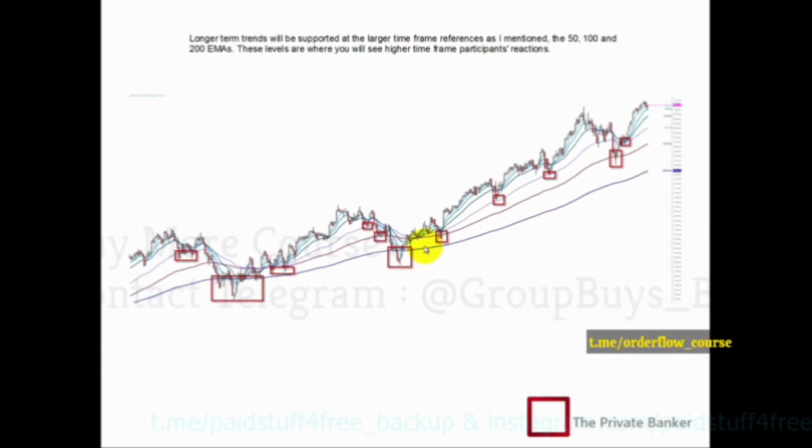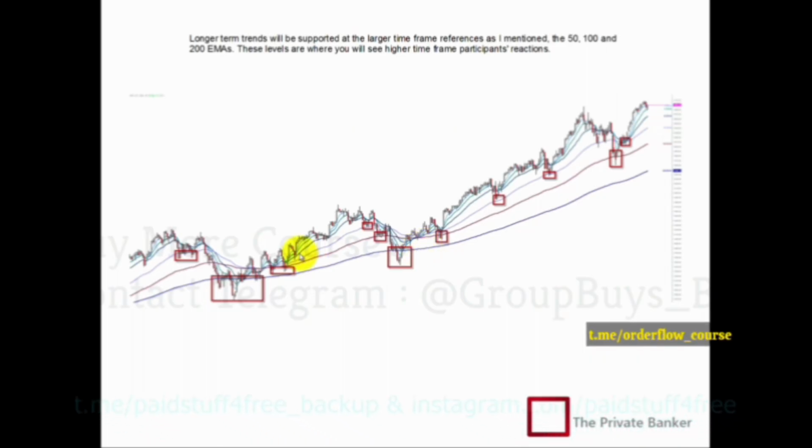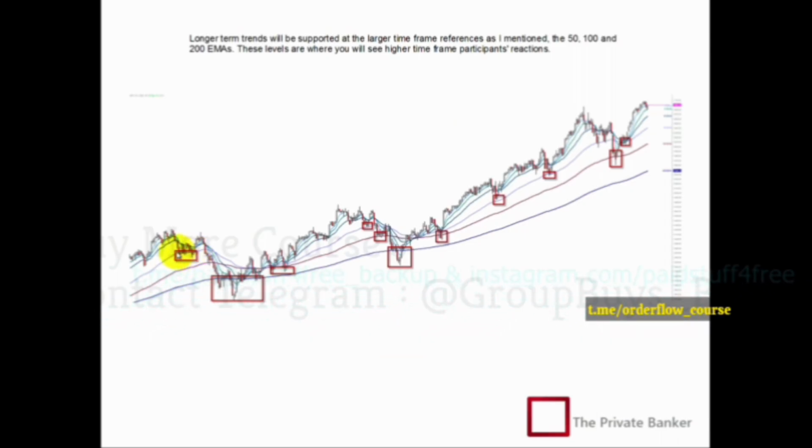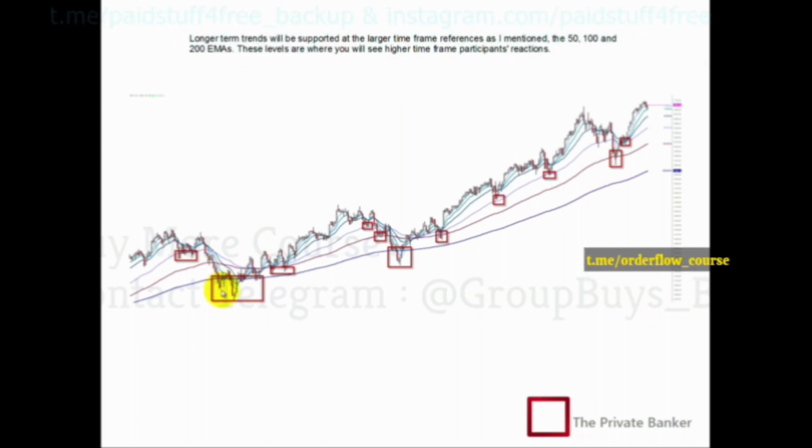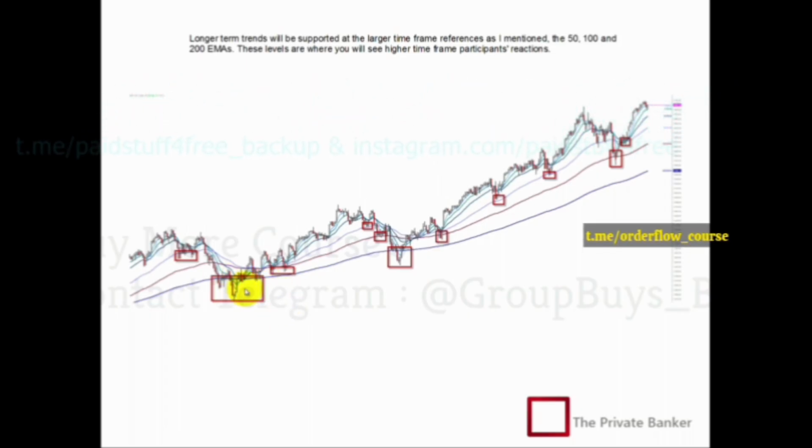And contrary to that, on a longer term perspective, we see reaction from the longer term trader at, of course, the 50, 100, and 200. Looking left here, we see buying coming in on the 50 EMA. I didn't box this out, but there's obviously buying occurring on the 100 here, and then we get to the 200, it really just pushes below, but this is where we'll start to see those real long-term buyers start stepping in and buy around the 200 EMA.